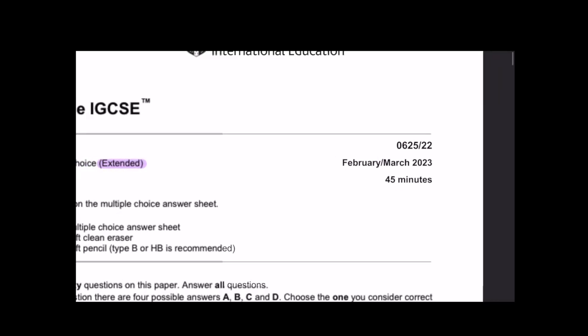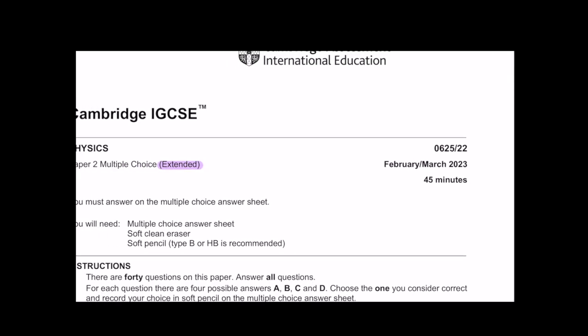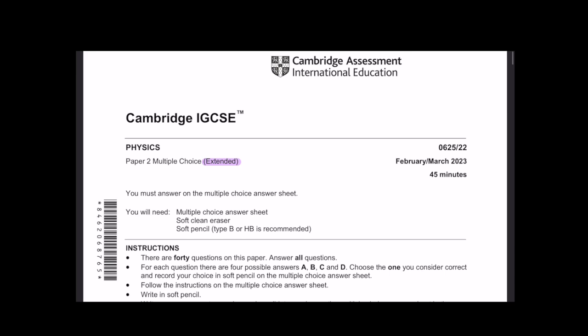And also make sure that this is the paper that you pay for, like it's 625, paper 2, variant 2, February, March. This is the variant that we're gonna solve right now. And make sure that you have May, June, October, November, or whatever the session you pay for.